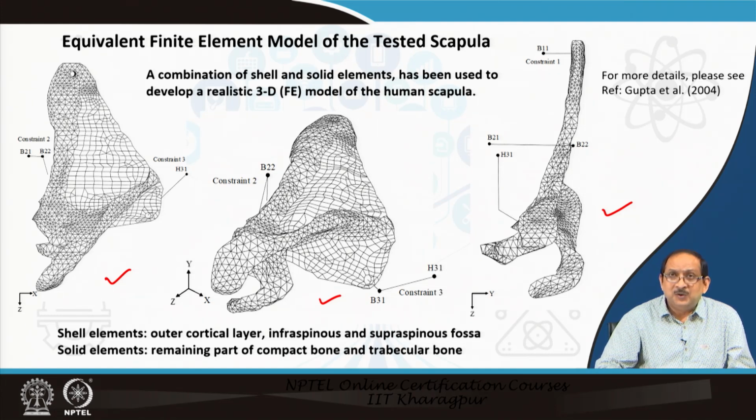The scapula, as you already know, consists of thin flat bony regions and some solid bony ridges.